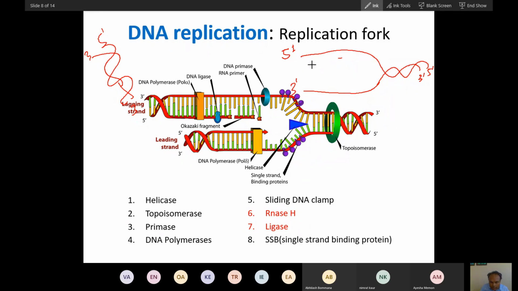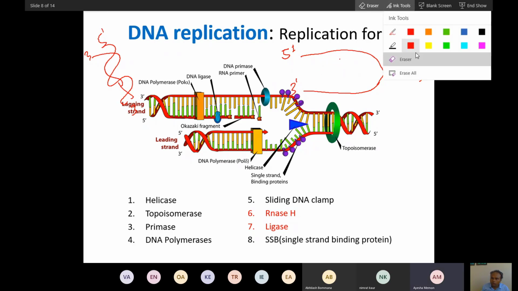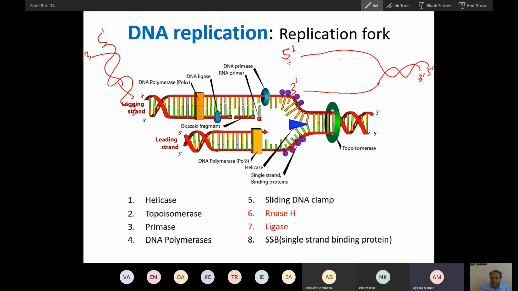Can you imagine a continuous 5' to 3' here? What will be the direction of replication on this strand? Sorry, it would be opposite. So what will be the direction here? 5' to 3', right side.